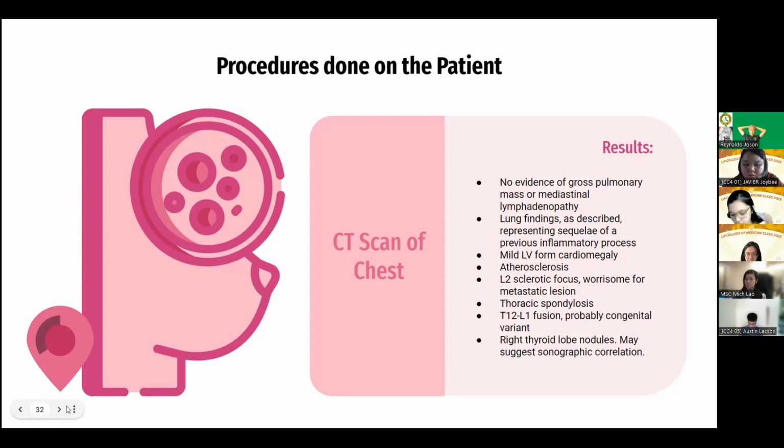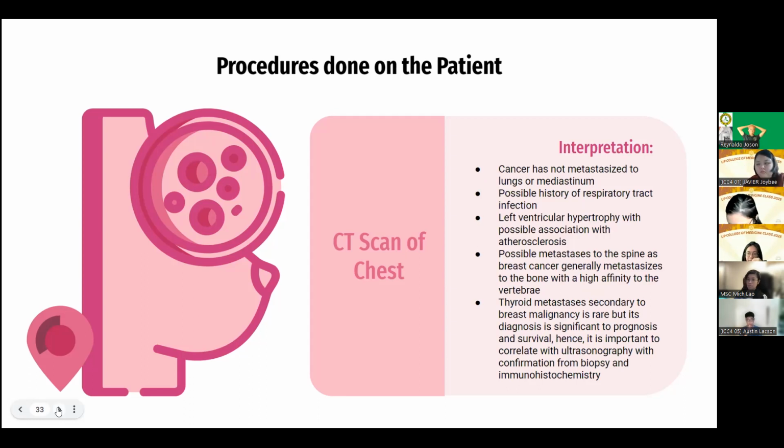She also has a mild form of cardiomegaly on the left ventricular side. And she has atherosclerosis, a sclerotic focus which is worrisome for a metastatic lesion, thoracic spondylosis, T12-L1 fusion, and right thyroid lobe nodules.